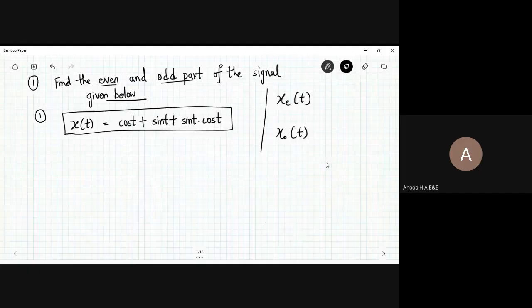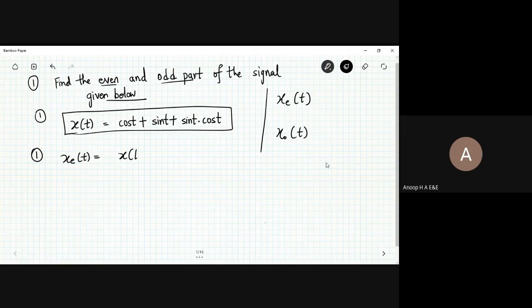So how will you find the even part, x even of t, and x odd of t? In the previous class, we covered the derivation of both. Let us recall how you can find x even of t given the function.